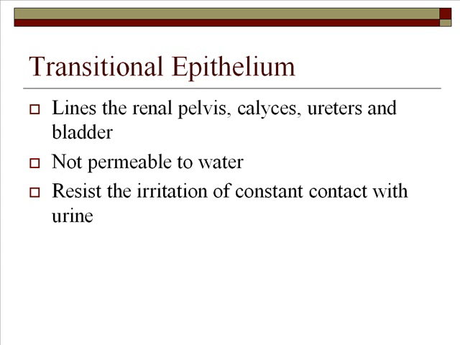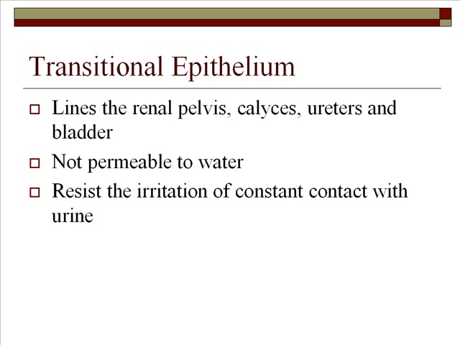You already know the epithelial tissue that lines the collecting duct, that lines the bladder. That's the transitional epithelial tissue. We also see transitional epithelial tissue in the renal pelvis, in the calyces, the ureters, and the bladder as well. A specialized form of cuboidal epithelial tissue, not permeable to water.